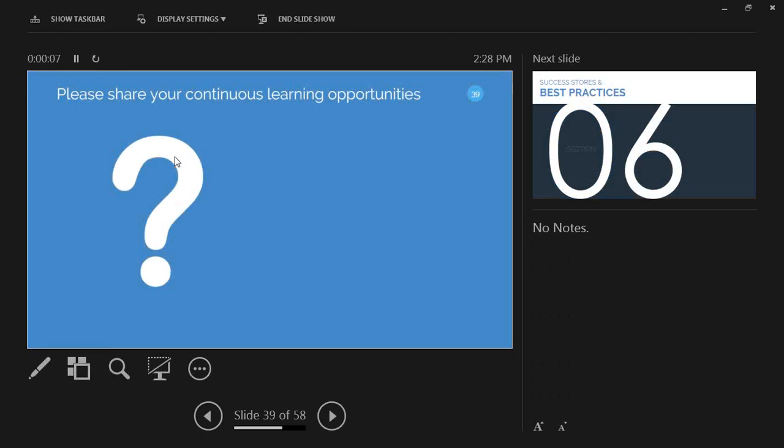And so, continuous learning opportunities. If you think about it, the DevOps Handbook, one of those recommended readings, has the 3 foundations for DevOps.